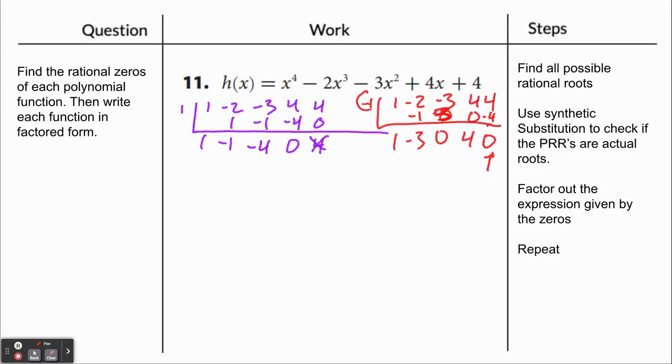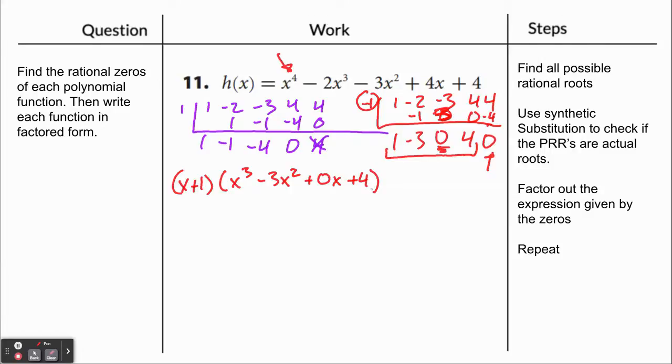So what that means is that because I have negative 1 as a zero, I can factor out x plus 1 from this equation. And what I'm left with is what's remaining from my synthetic substitution. So that means I have x to the power of 3 minus 3x squared plus 0x, because this is 0 right here, so I could really just get rid of that, plus 4.